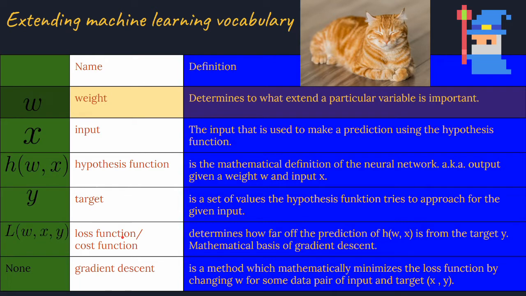Gradient descent is a method which mathematically minimizes the loss function by changing W for some data pair of input and target X, Y. So if the loss function might have negative numbers, that will completely throw everything off, and it just is not. So gradient descent is a mathematical way to minimize a function, in this case a loss function.